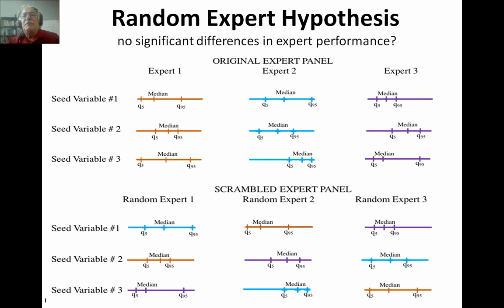And we can repeat this many, many times, and we will build up a distribution for these scores that is generated by this random reallocation of assessments over the experts, or if you will, randomly redistributing the stressors over the expert panel. And the random expert hypothesis says that the score in the original panel should look like it was drawn from the distribution that is generated by the scrambled panels.